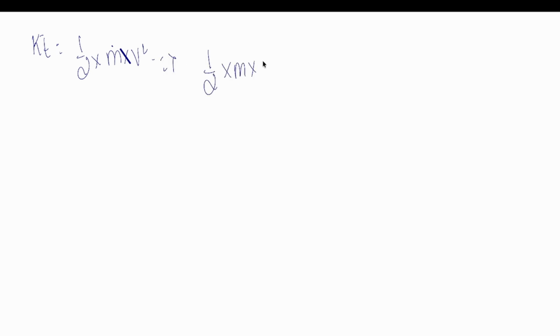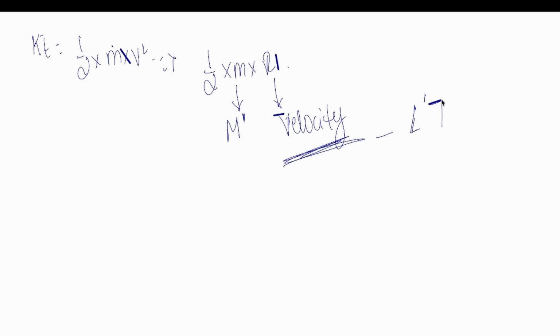We know that the dimensional formula of mass is M power 1, and velocity, its dimensional formula is L power 1 T power minus 1.